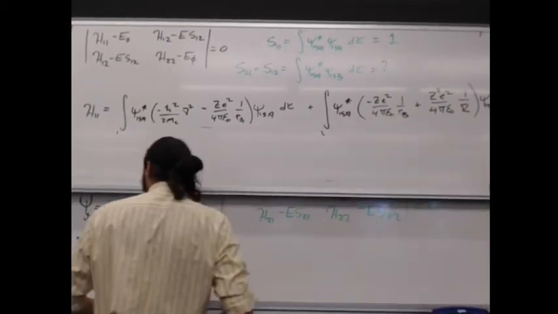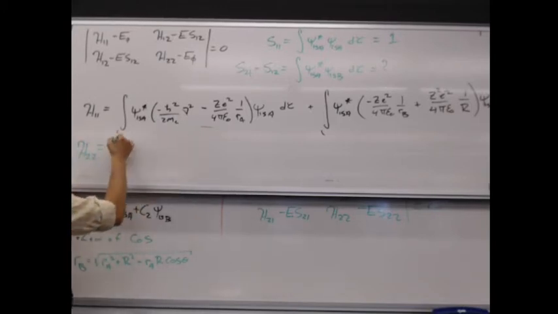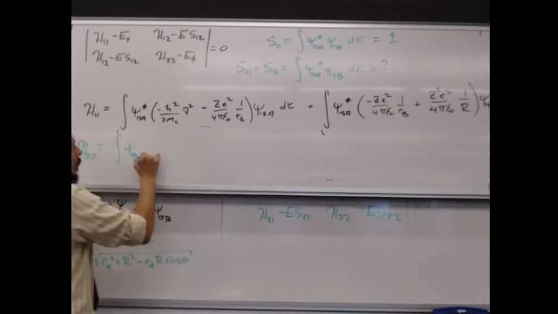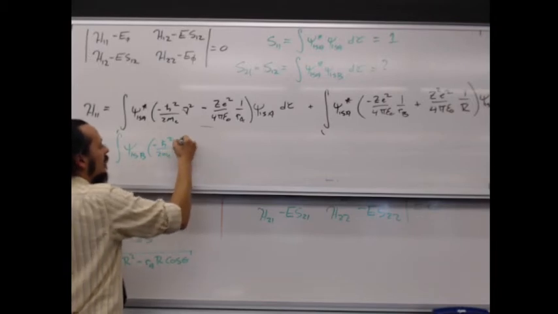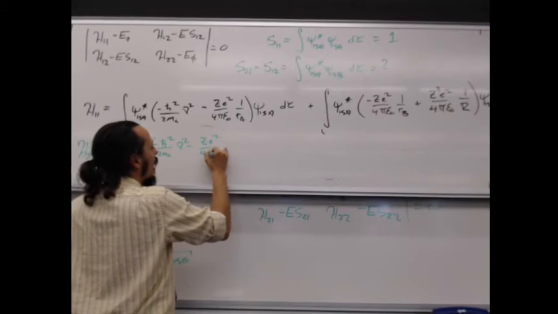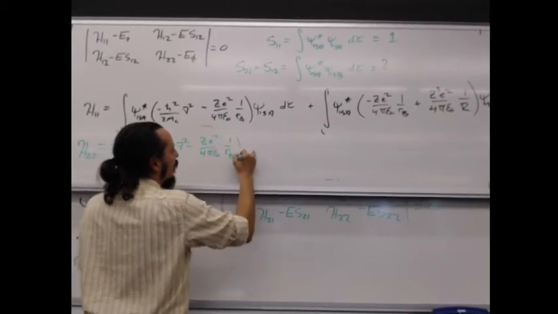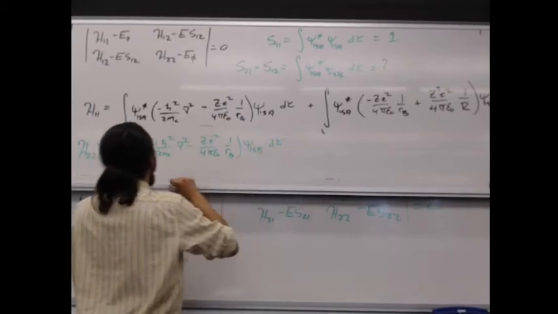Okay. So if we set up H22 right underneath it, I'm going to organize things a little bit differently, but I'm going to get the integral of psi 1sB star, negative h bar squared over 2 m_e del squared minus Z e squared over 4 pi epsilon naught 1 over r_B, times psi 1sB d tau.